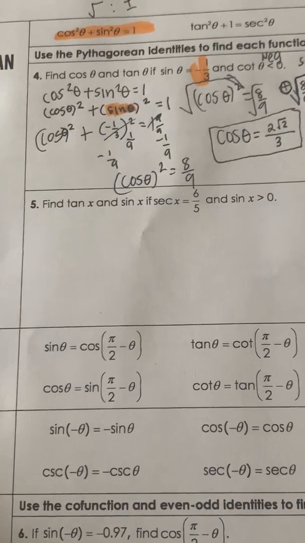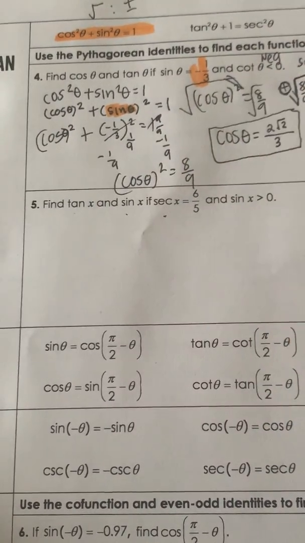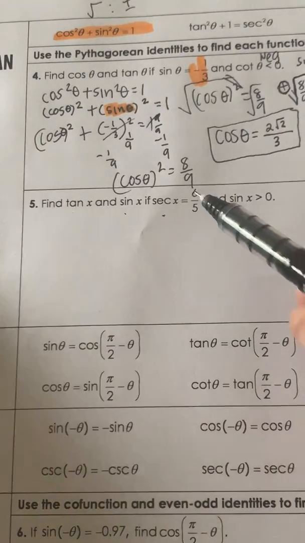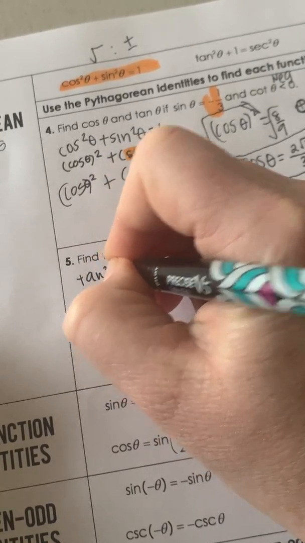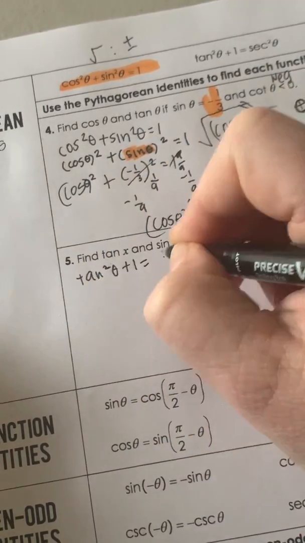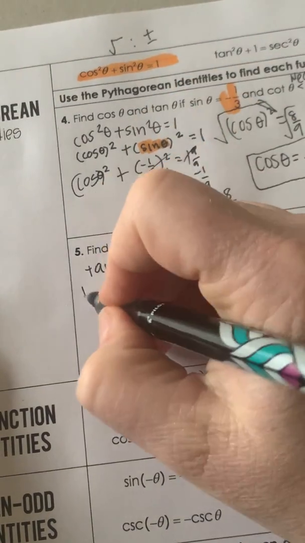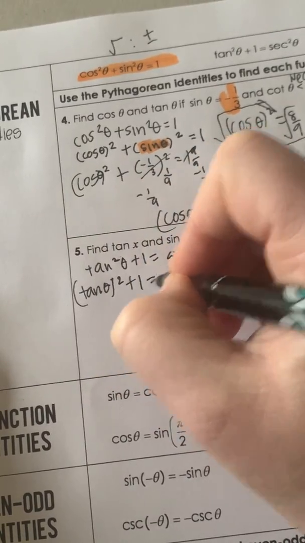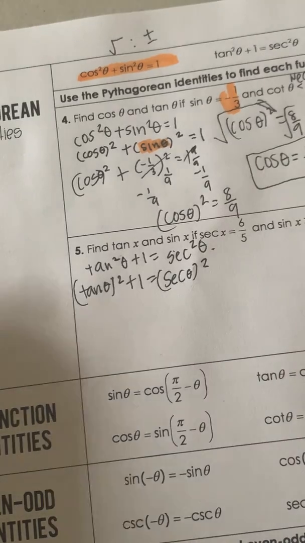Okay, so let's do that again here, where we have tan, sine, secant. Secant theta and tan theta have a relationship: tan squared theta plus 1 is secant squared theta. Which really means the value of tan theta squared, plus 1, is the value of secant theta squared.